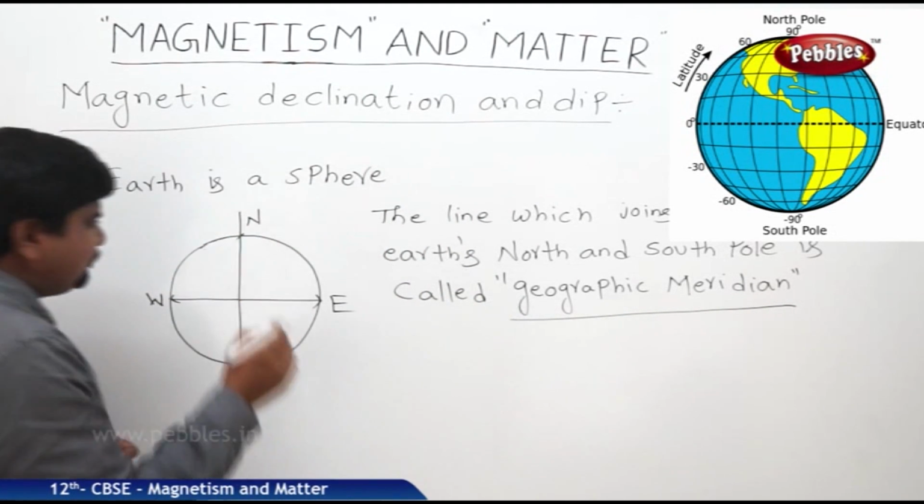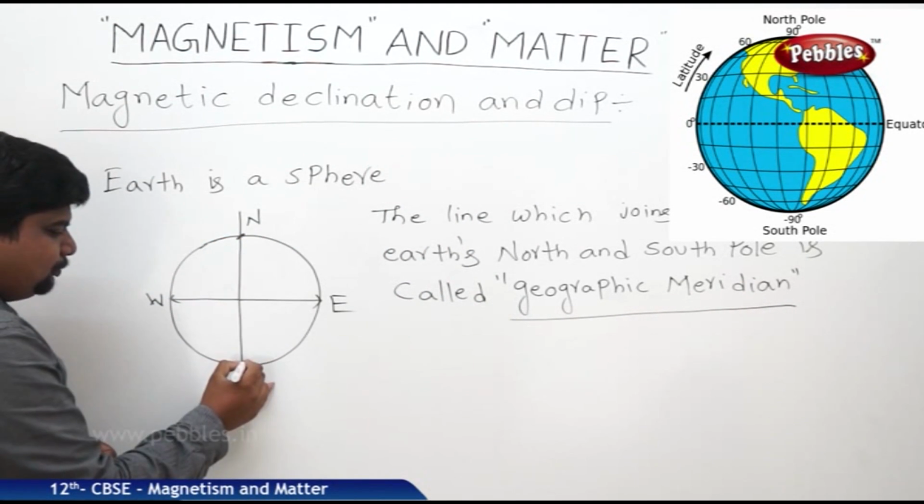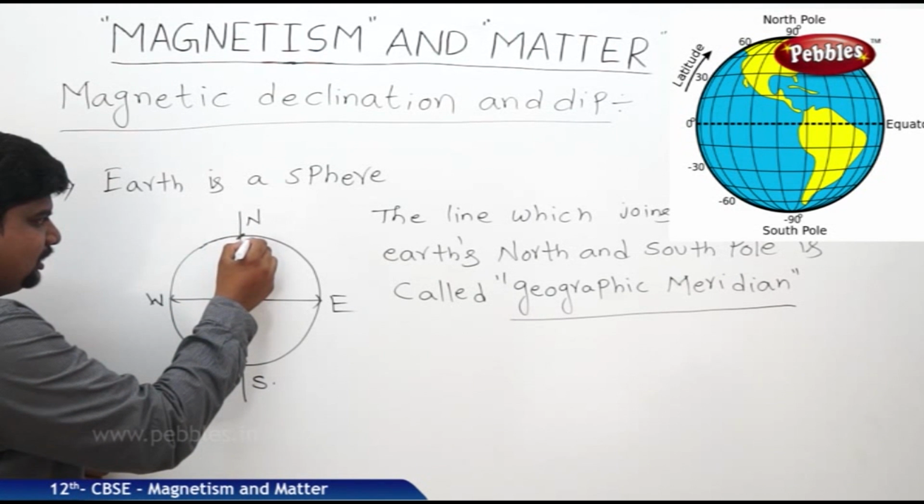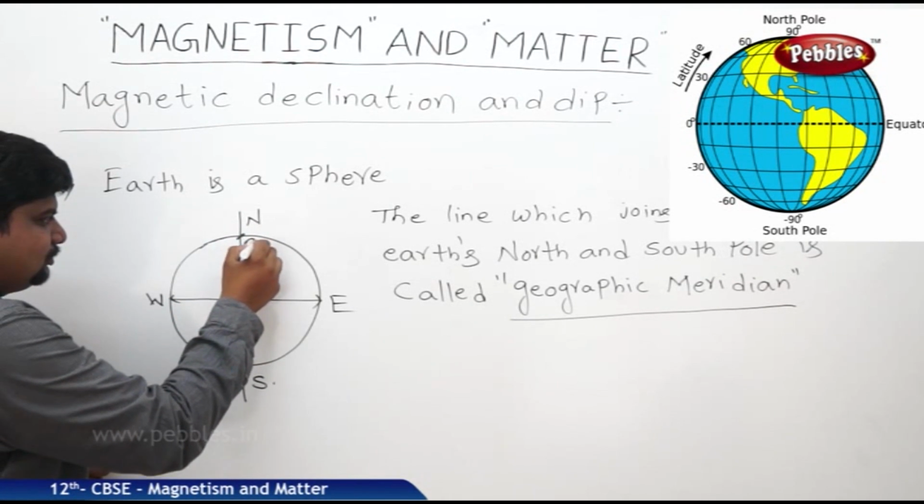So this geographic meridian which joins the north and south poles of the Earth, we can write this one as G.